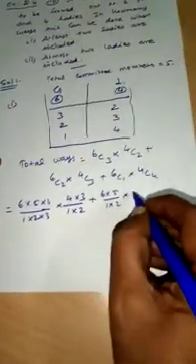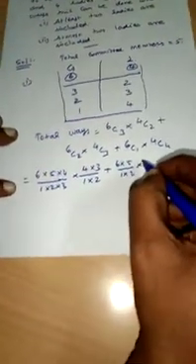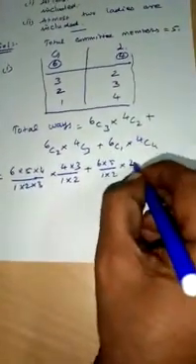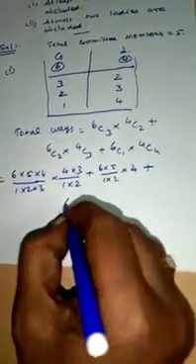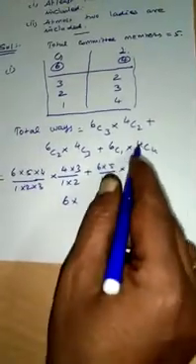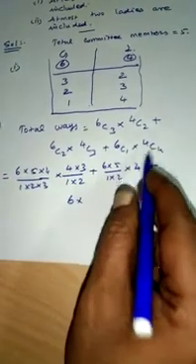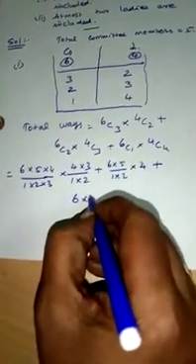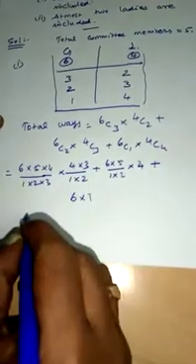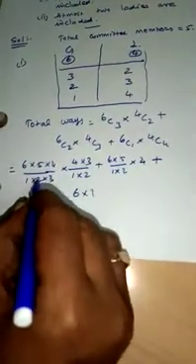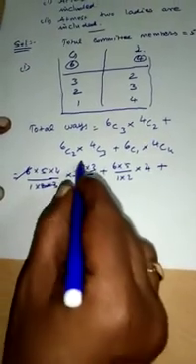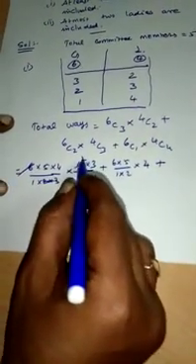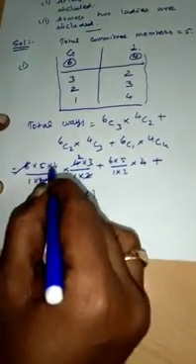That is, we can write 4C3 is 4C1, 4, plus 6C1, 6, 4C4, 4C(4 minus 4), 0, that is 1. We simplify this.